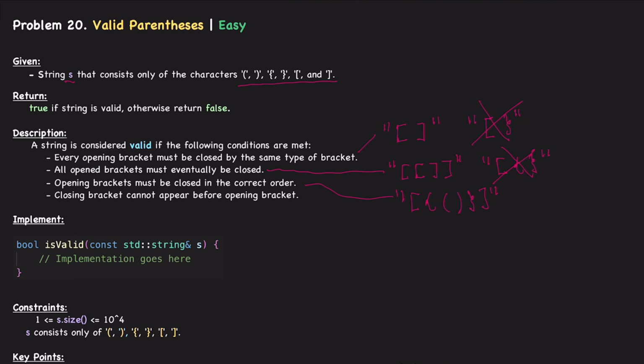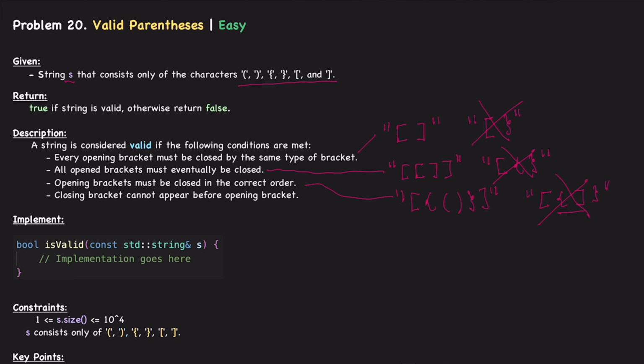So this is a correct string. An incorrect string would be an open square bracket, open curly brace, close square bracket, close curly brace. This is incorrect because the order is not matching. This open curly brace is closed by the square bracket, which is not correct.